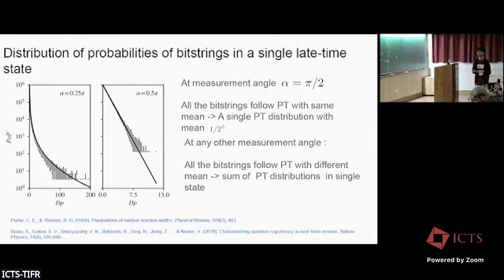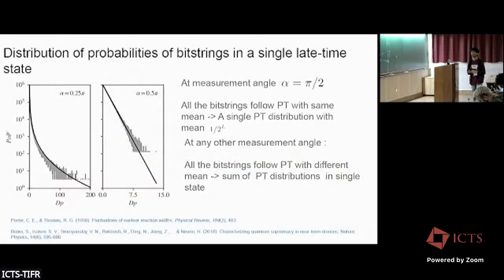This is the histogram that we get for 2 different measurement angles, 0.5 pi and 0.25 pi. For x-axis measurement, we again see an exact Porter-Thomas distribution. But for measurement at the other angle, pi by 4, this is not a Porter-Thomas distribution, but a sum of multiple Porter-Thomas distributions, properly normalized. But Porter-Thomas distribution occurs at the bit string level in both cases.